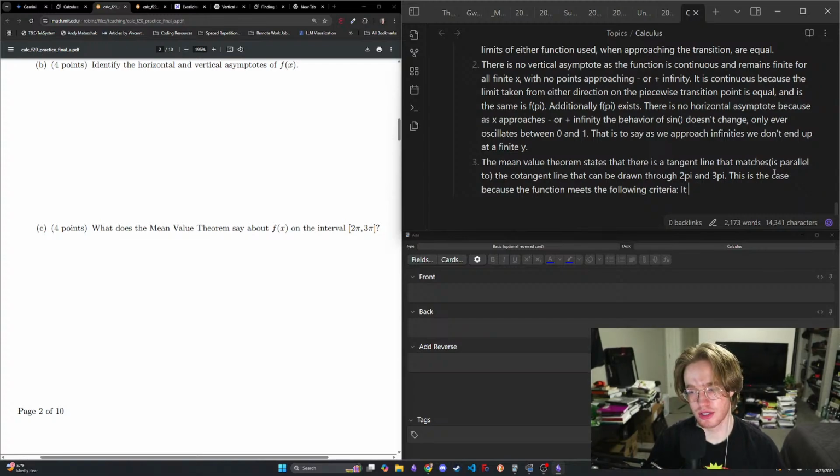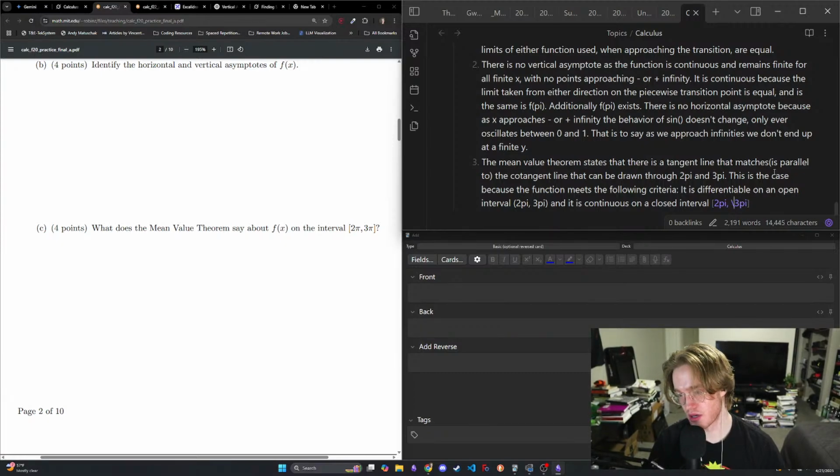It is differentiable on the open interval (2 pi, 3 pi), and it is continuous on the closed interval [2 pi, 3 pi]. Perfect. Okay, I think that's a killer.